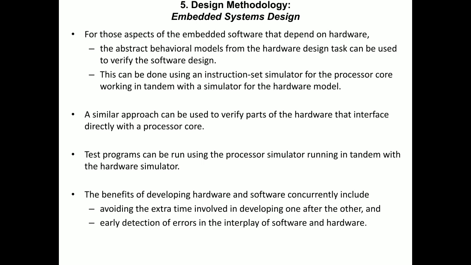The benefits of developing hardware and software concurrently, the benefits of hardware software co-design, include avoiding the extra time involved in developing one after the other, and early detection of errors in the interplay of software and hardware. Instead of first designing the hardware and then programming it with software, which is time consuming, we first decide what type of hardware and software are required, and after that we simultaneously do the hardware design and software design.